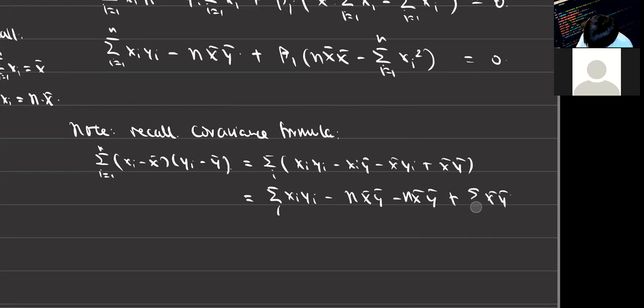Summation doesn't change anything because x bar y bar is constant, so that becomes n. And then you realize there's a cancellation going on here, and here. So if that cancels out, this actually becomes summation i xi yi minus n x bar y bar, which exactly looks like this part.